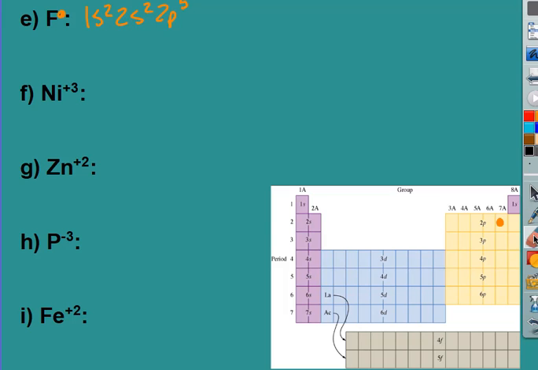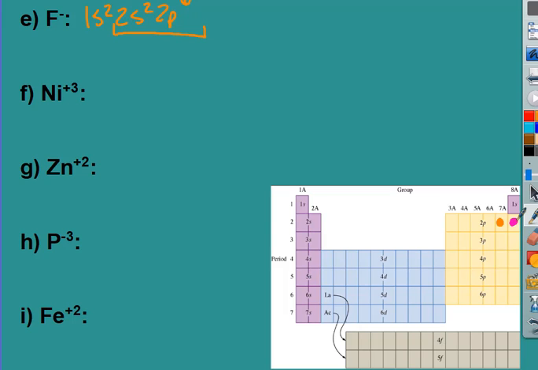But since fluorine is a negative ion, that means it's going to gain an electron. So it's going to put that extra electron in its p, again giving it 8 valence electrons, or the same configuration as neon. So sodium ion and fluorine ion have the same electron configuration.